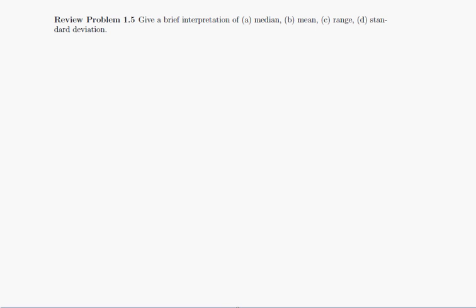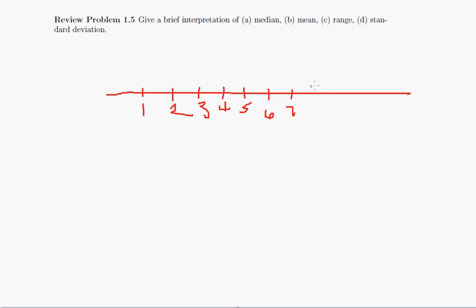So for example, to draw a picture, suppose we have a number line, we have 1, 2, 3, 4, 5, 6, 7, 8, 9, 10, and we go up to 11 and 12.